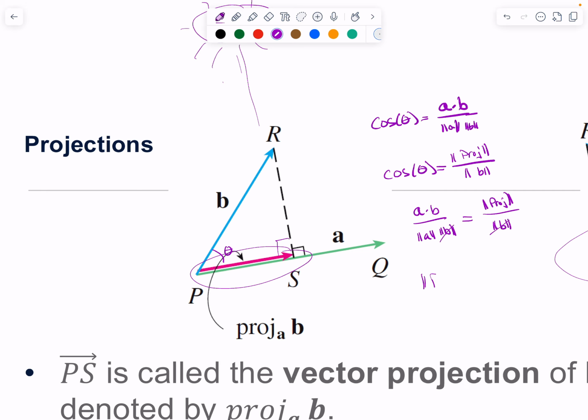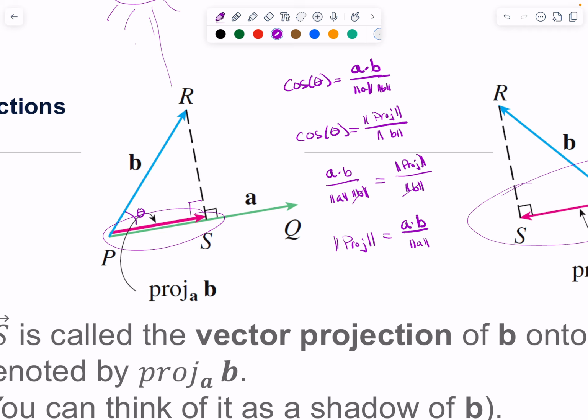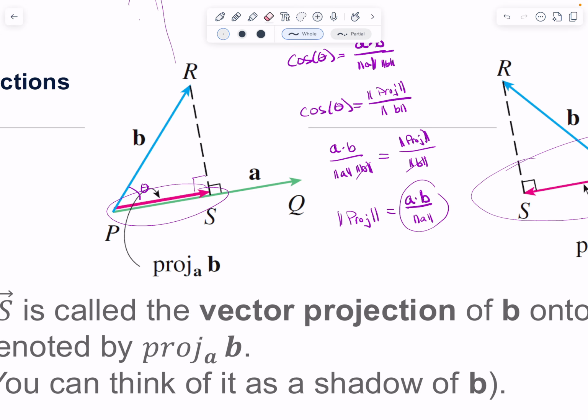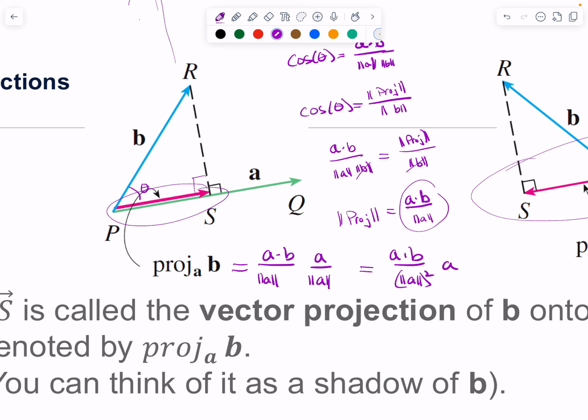So the magnitude of the projection is just the dot product over the magnitude of A. If you want the actual vector, multiply by A over the magnitude of A. Typically, this is written as A dotted with B over the magnitude of A squared, times A.